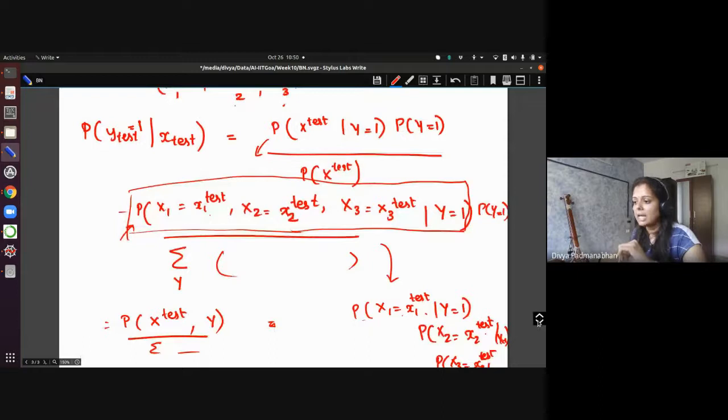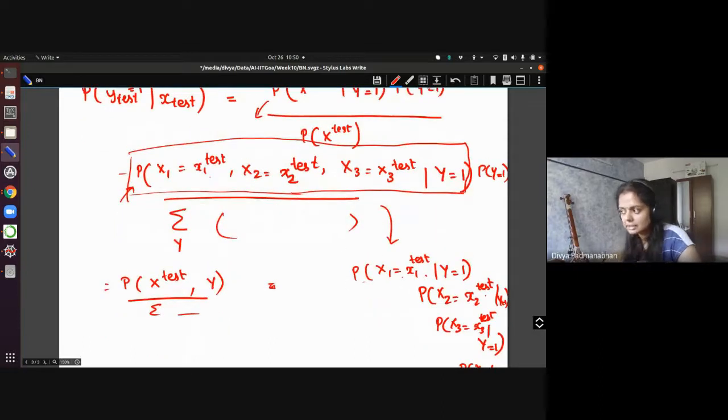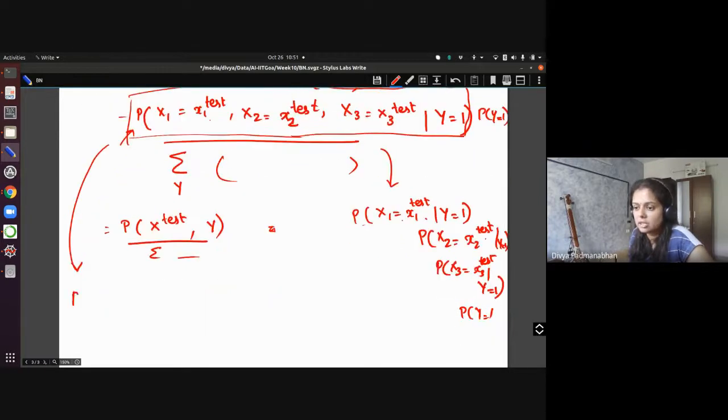But why is it that we went for this kind of representation and not for any other? This joint probability can actually be written in very many ways. You could write it as probability y equal to 1 times probability x1 given y equal to 1.